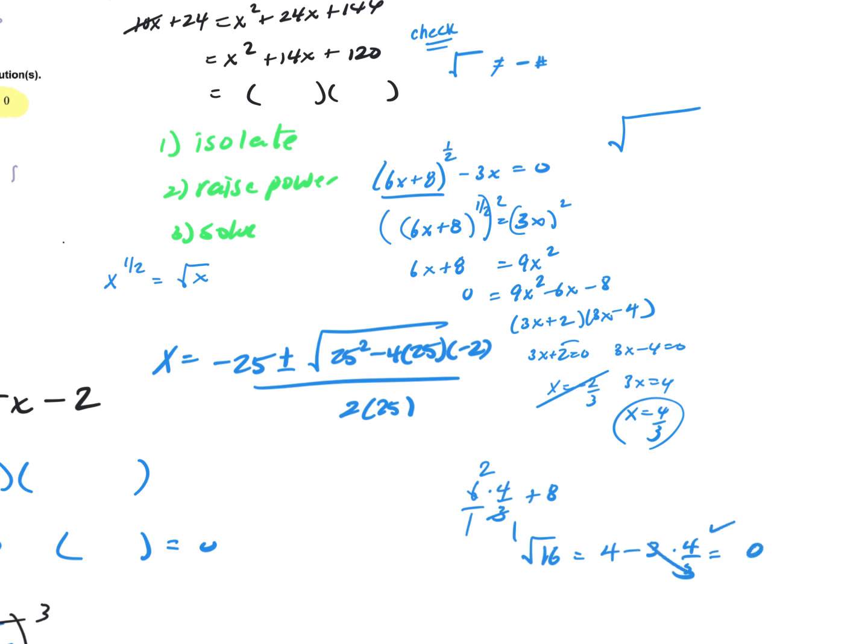It is very difficult to check the fractions, but all I'm doing here is going back to the original. I'm taking the 4/3 and plugging it in. So 6 times 4/3, add the 8. You get 16 in here. The square root of 16 is 4. And then plug it in here. 3 times 4/3 is 4, so 4 minus 4 is 0. So it does check out. Okay, all right, hope this helps.